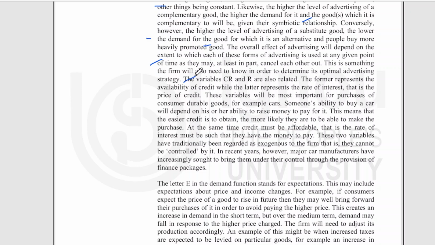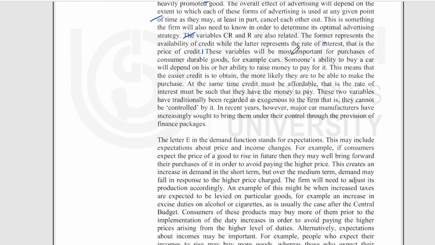Okay, the variables CR and R are also related. The former represents the availability of credit, while the latter represents the rate of interest, that is the price of credit. And this variable will be most important for purchase of consumer durable goods, for example cars.